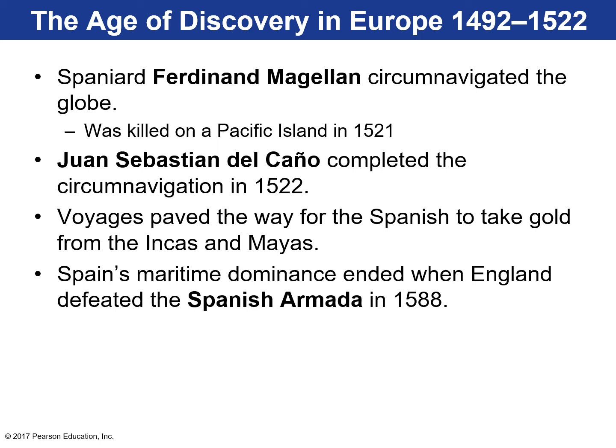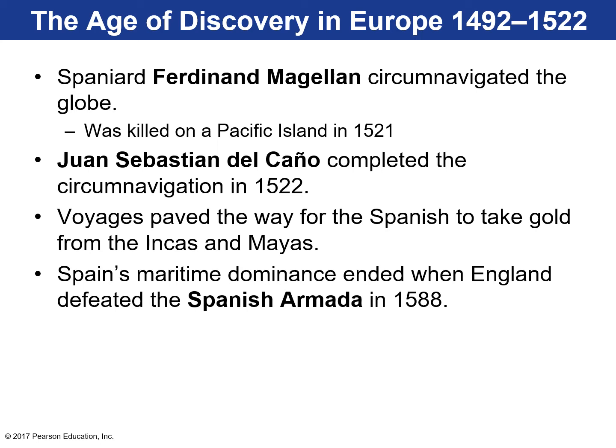Then later, Ferdinand Magellan was the first to undertake the circumnavigation of the entire globe. He went with a group of 3 ships and 280 sailors, and it took him, I think, 3 years out in the ocean, and he was killed on a Pacific island in 1521.